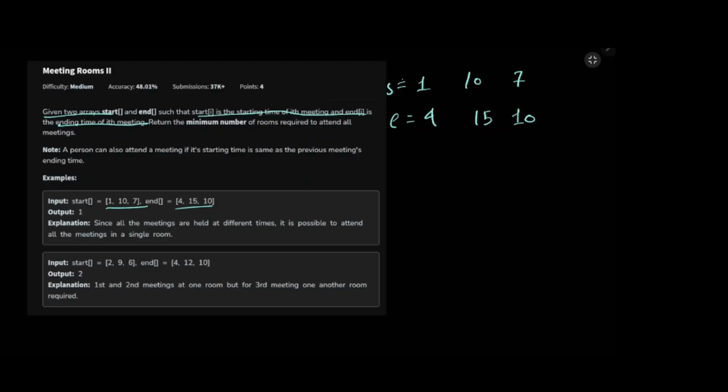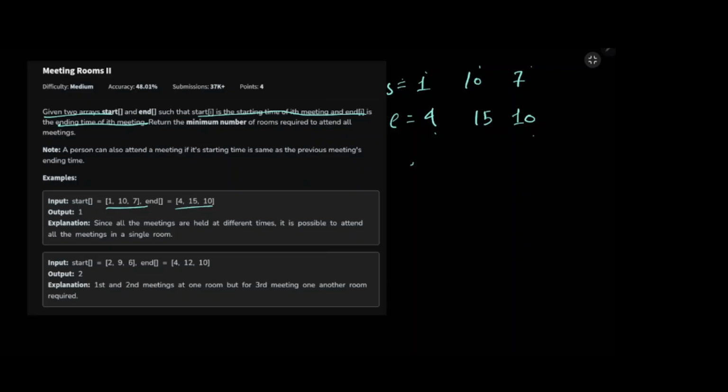So for example, here we have the meeting starting from 1 and going till 4, right? Same, a meeting starts from 10 and goes till 15. So we'll have to check, let's say we can draw lines here.